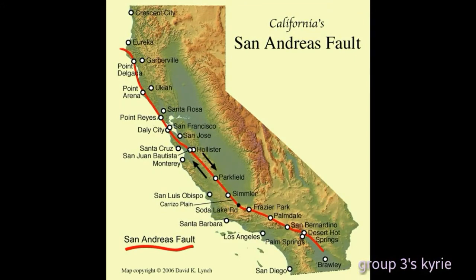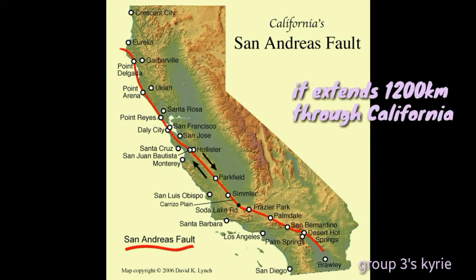So, ngayon, yung San Andreas Fault, real-life example of transform fault boundary is San Andreas Fault. Pag nag-connect na yung segments of divergent mid-ocean ridges, doon na papasok si San Andreas Fault. And kaya nabigyan transform plate boundary si San Andreas Fault because that extends roughly 1,200 kilometers through California.